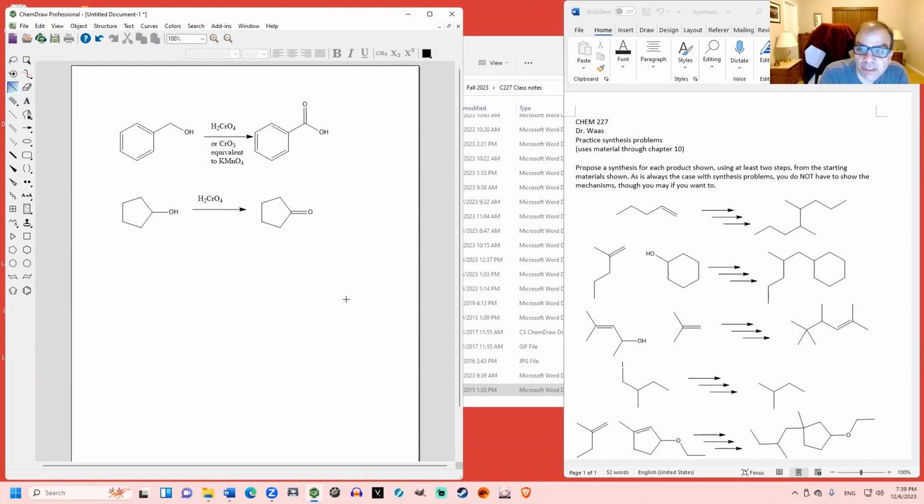And that's basically it. Both of those reagents oxidize a primary alcohol to a carboxylic acid and a secondary alcohol to a ketone. And you're not responsible for the mechanism. Okay, thank you. Sure.